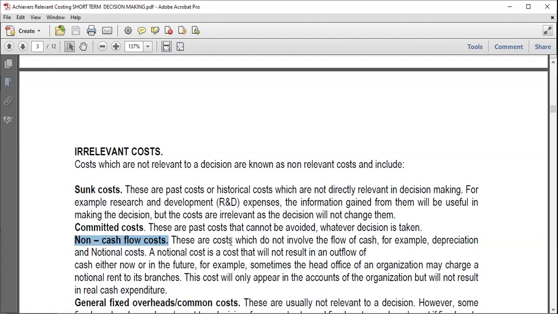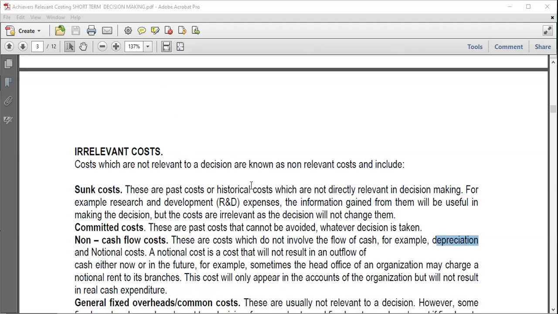You get it? And then, of course, the other cost that is also non-cash flow is depreciation. With depreciation, it's just a provision for wear and tear, where an organization can say maybe 10% for motor vehicle and so on, and then 20% for another asset and so on.